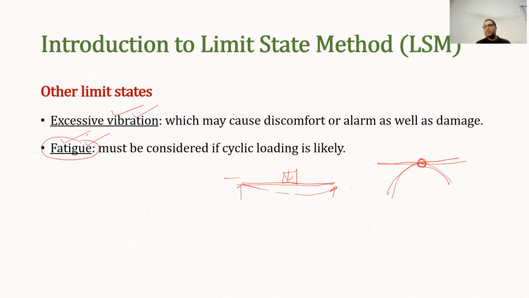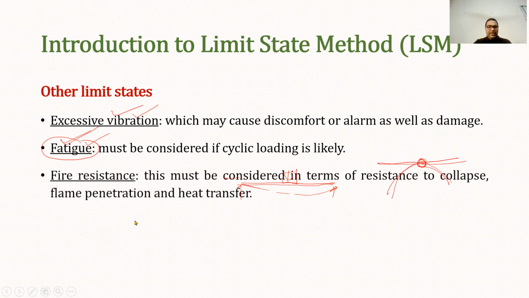In bridge design and steel structure design, generally we consider the fatigue limit state also. That is again a very special limit state, which we generally do not consider in all buildings or all structures. Similarly, the next limit state can be fire resistance.